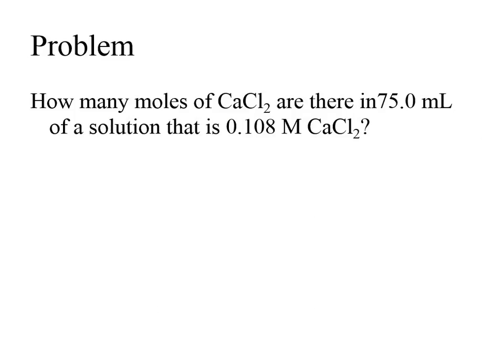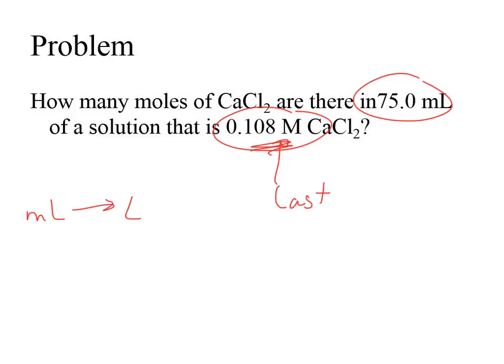Now, if you ever get stuck, you're seeing a pattern in what I do, but you don't have to do it in the same order. I usually keep the molarity term near my last term, and my first term is going to be the other thing that is not solution concentration. So if I start with milliliters, and I know I'm going to use molarity, which is moles per liter, I'm going to go from milliliters to liters.